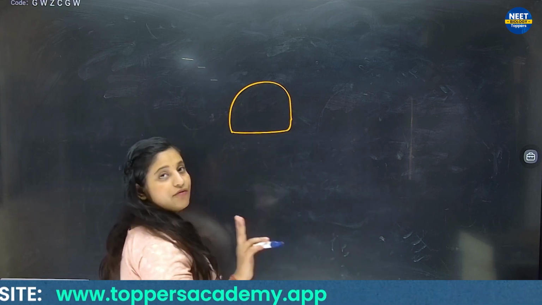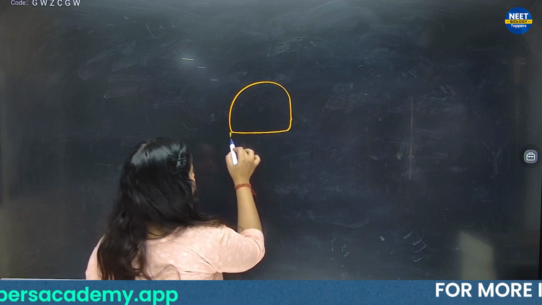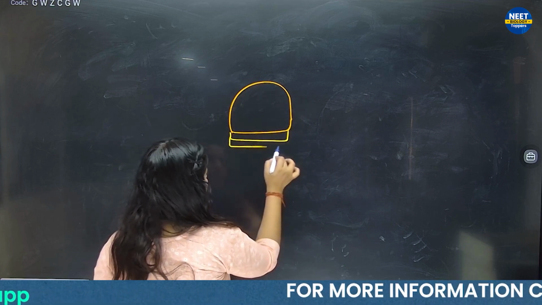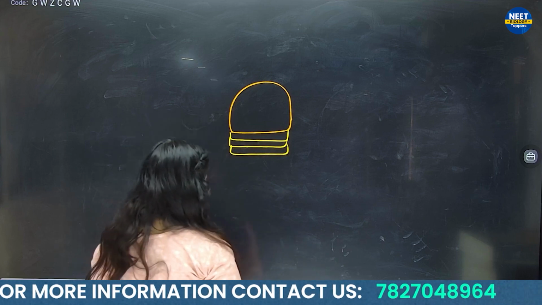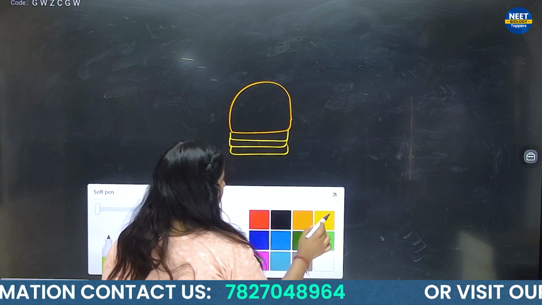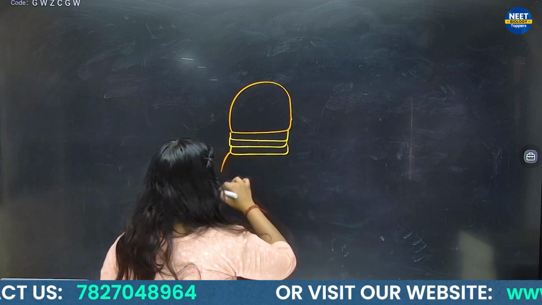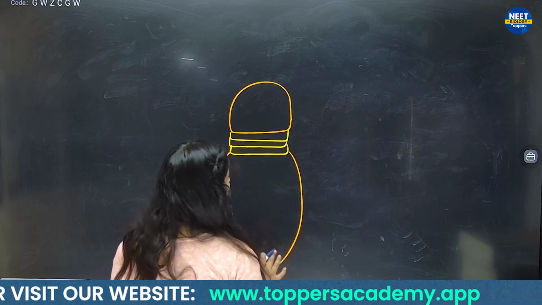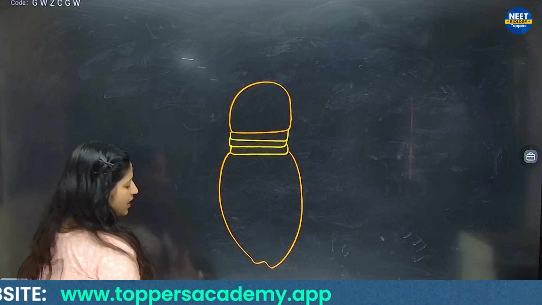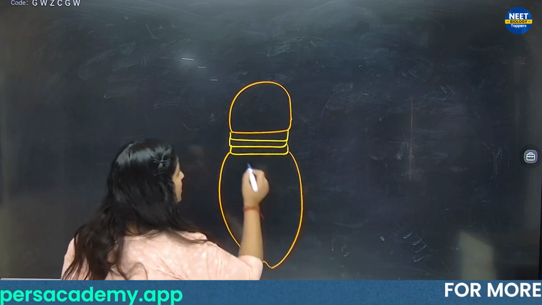Their thorax has three parts: prothorax, mesothorax, and metathorax. The next part they have is the abdomen. So their body is divided into how many parts? The three parts.